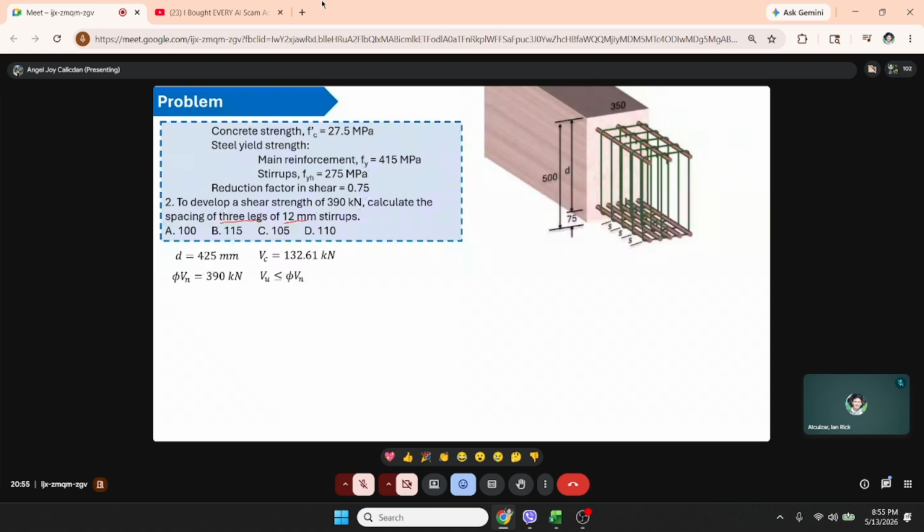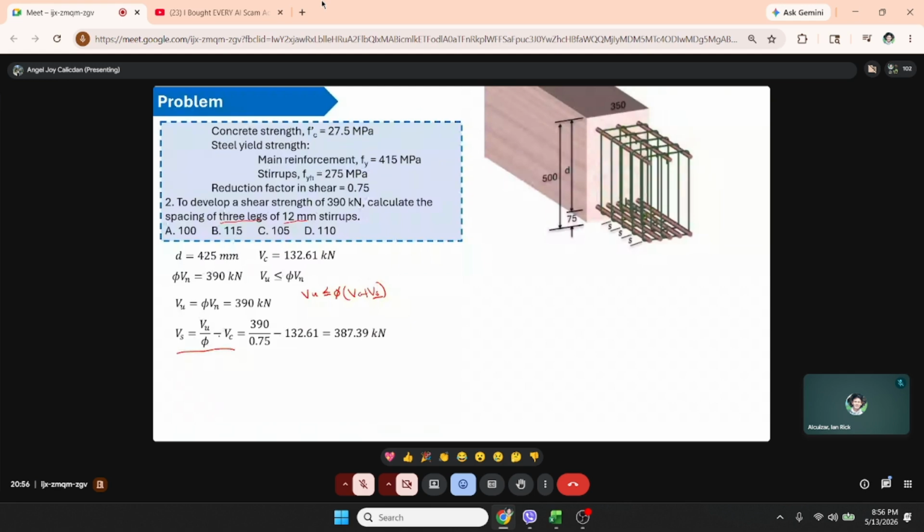So, to get the Vs, Vu should be less than or equal to phi times Vn, which is Vc plus Vs. And if you rearrange it to get Vs, you'll arrive at this: Vs is equal to Vu over phi minus Vc.